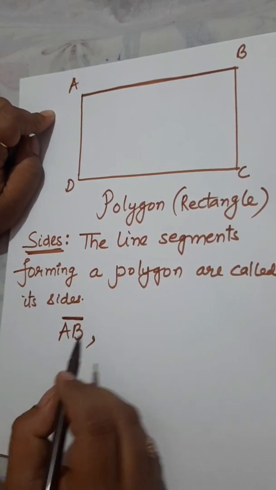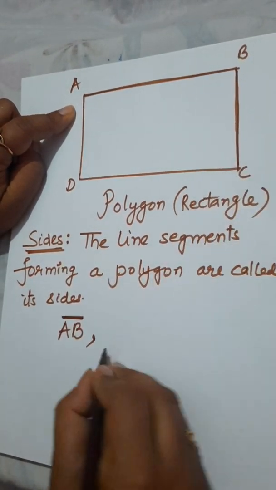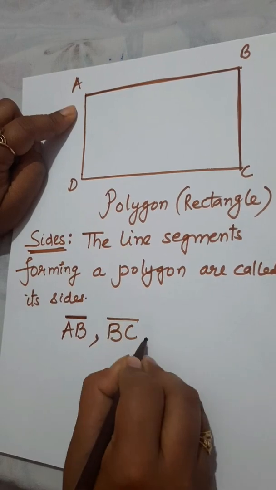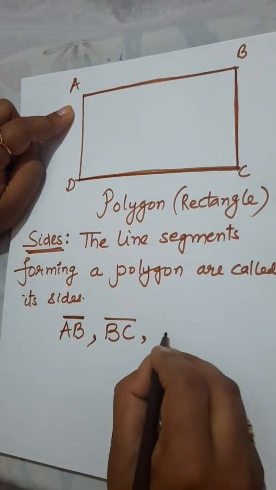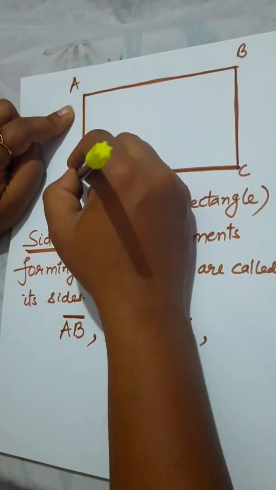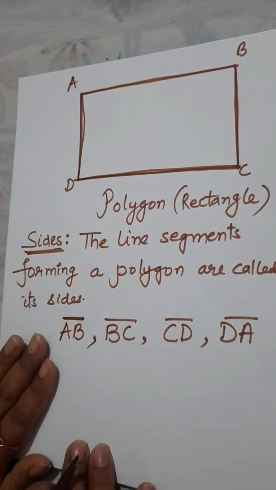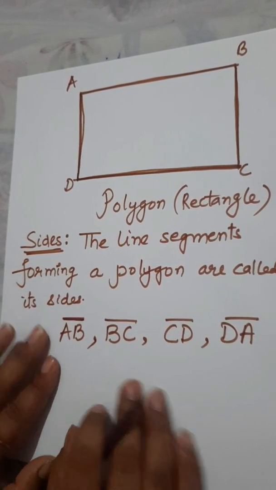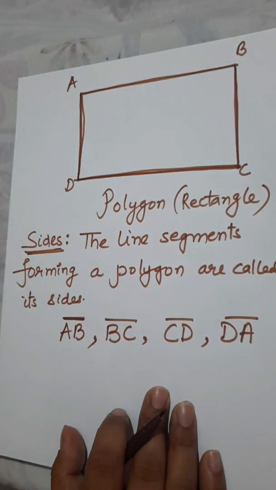So AB is a side. Here BC, this is also a side. Then we have CD. CD is also a side. Then we have DA, and DA is also a side. So in this figure we have 4 sides: AB, BC, CD and DA.